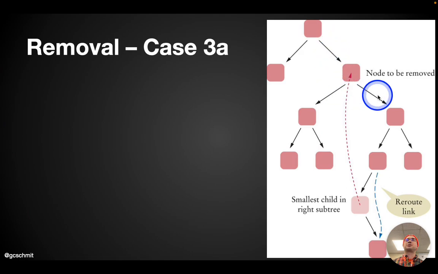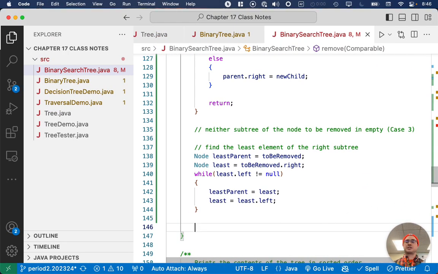So we could update all three of these links, okay? But this link to this node is already correct, and this node's left and right children are already correct. So rather than updating all three of these links, we're simply going to replace this node's data with this node's data. It just makes it easier than trying to update all three of those references. So let's do that first.